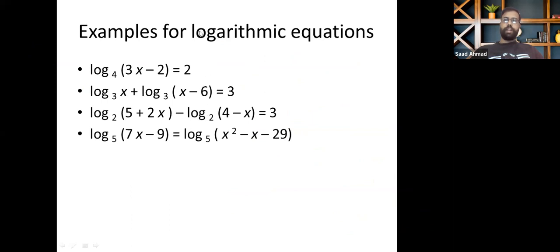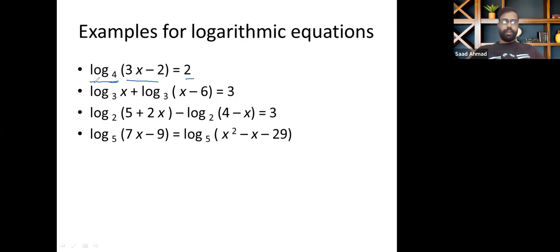All right, so now here we have the logarithmic equations, right? Now let's see how we can solve them. On one side, you see there is a log base 4 of this and it equals 2. The logarithms and the exponents are the inverses of each other.